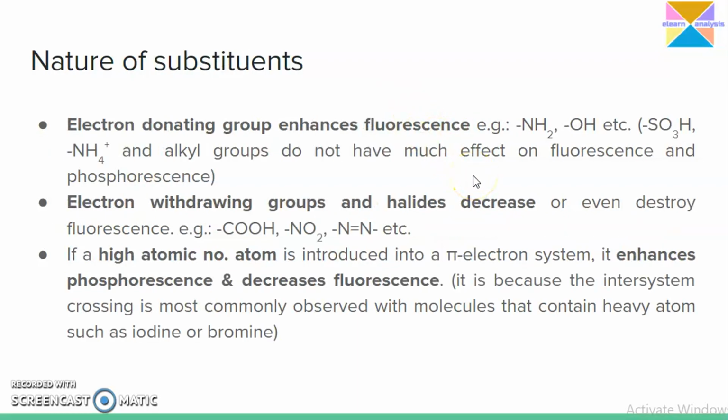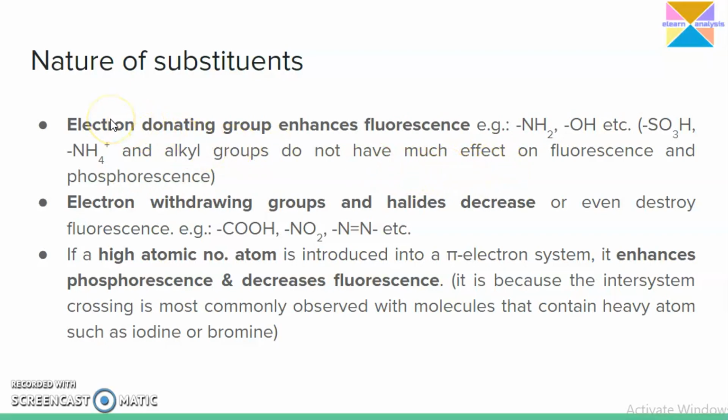Coming to the nature of substituents, electron donating groups usually enhance fluorescence, for example NH2, OH, etc. Whereas SO3H, NH4 and alkyl groups do not have much effect on the fluorescence and phosphorescence phenomena.